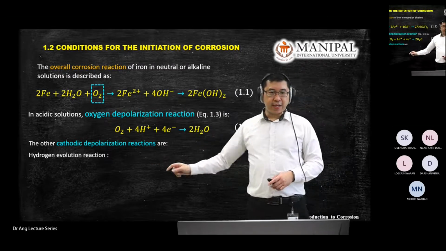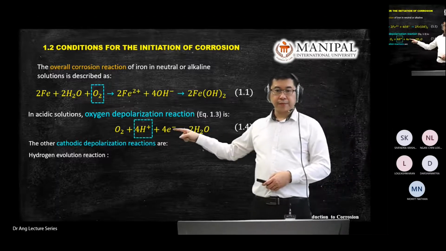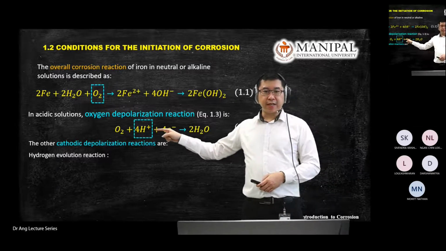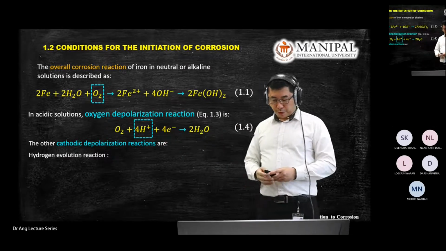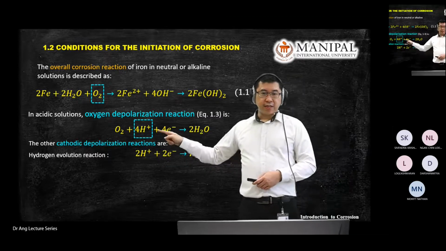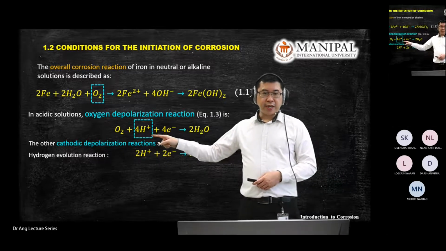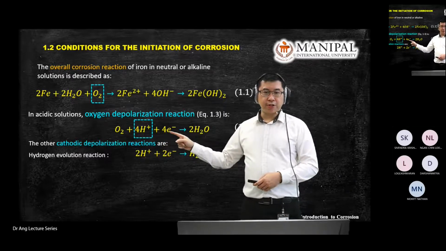Another one, let's look at the hydrogen reaction here. Even inside the acidic solution, this one itself can contribute to the corrosion. You can see the ion itself will capture the electron inside the solution.